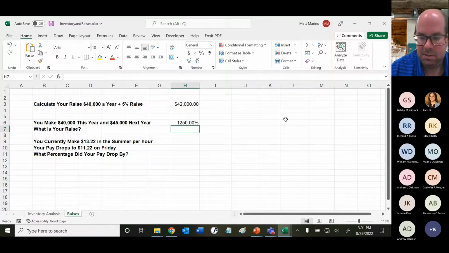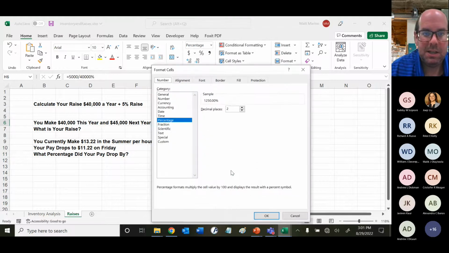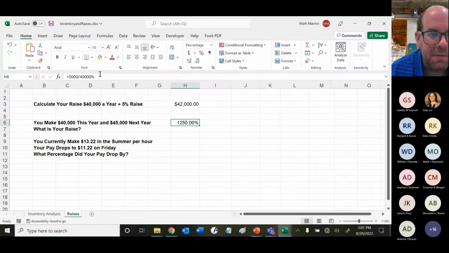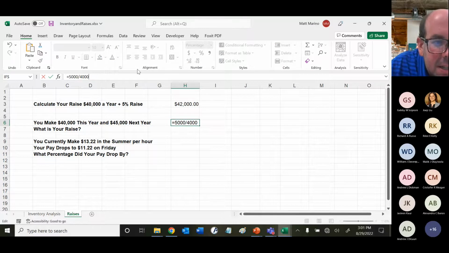So that's not right. Right-click that, format cells. That should be 12.5%. 5,000, there we go.